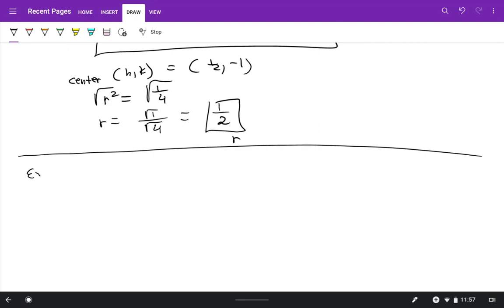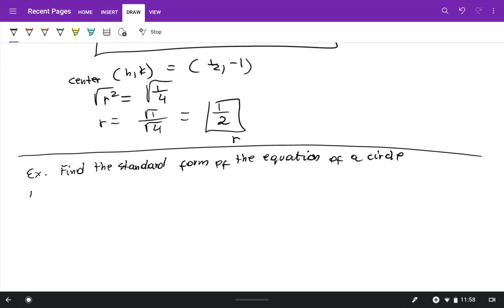So last example, find the standard form of the equation of a circle with given information.